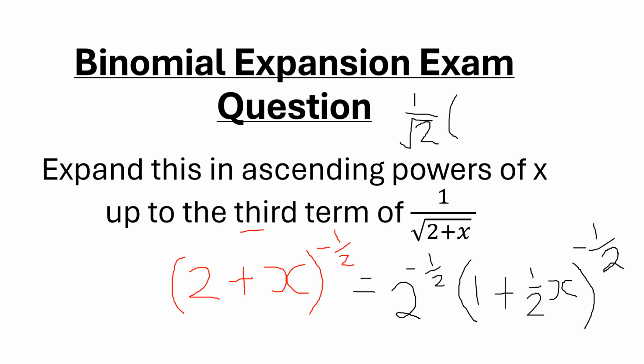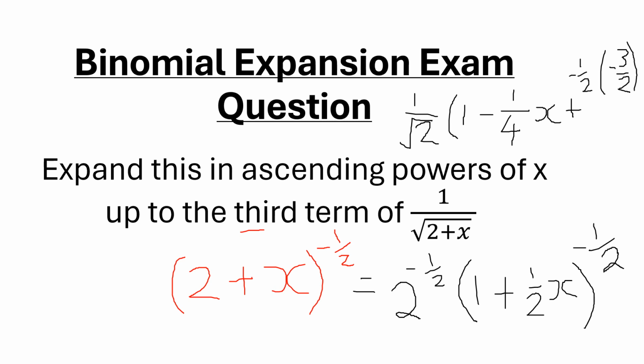I'm going to have 1 minus a quarter x, because a half x times minus a half is minus a quarter, plus n minus 1, so I'm going to have minus a half times minus 3 halves. Again, I know I'm not skipping any math steps here, but please do check my workings if you need to.